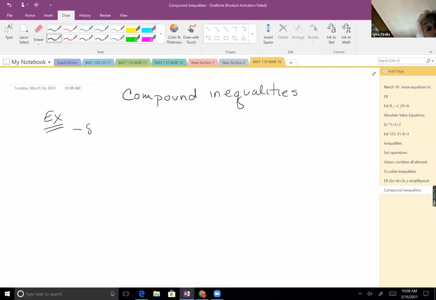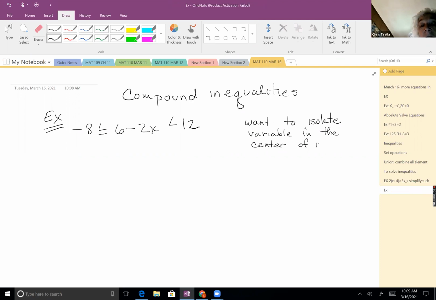Let's say I have something like negative 8 is less than or equal to 6 minus 2x is less than 12. To solve the compound inequality, what I want to do is isolate the variable in the center of the inequalities.